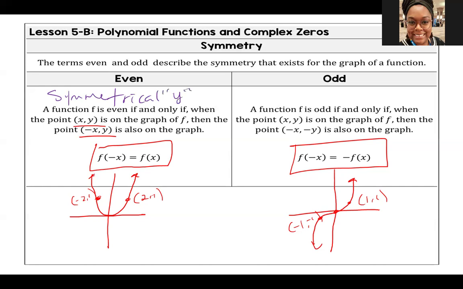Okay, they're symmetrical around the y-axis, not the x-axis, the y-axis. Okay, odd functions are not necessarily symmetrical. They have rotational symmetry through the origin, meaning that if you were to take your paper and rotate it 180 degrees, your function would still look the same.